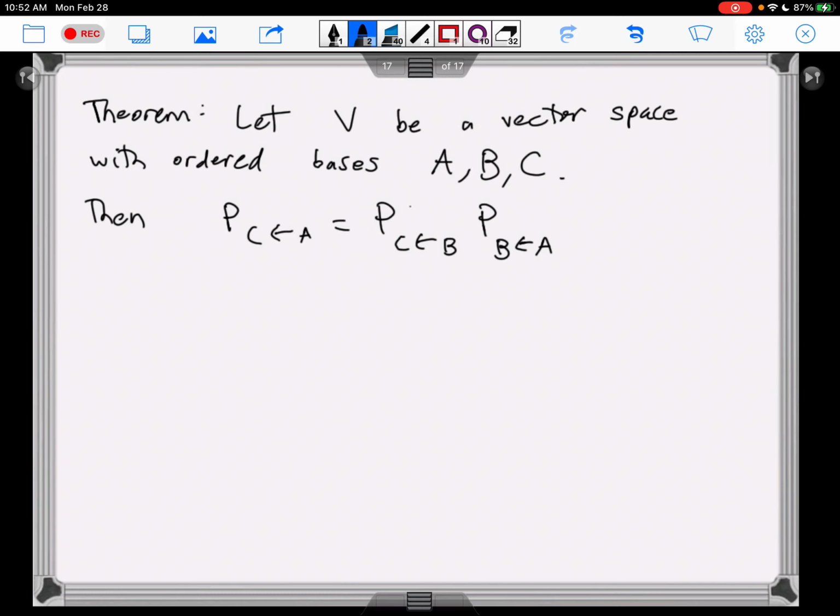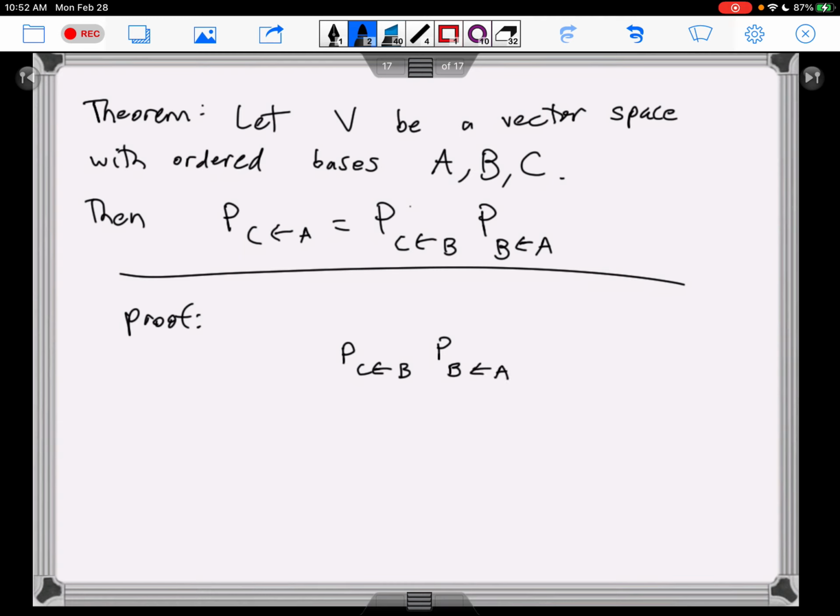So that makes sense, right? Think about it. What would the proof of this be? It's a pretty simple proof, right? Because if you take this and you multiply it by a vector v relative to A, first you do this multiplication, you end up with v relative to B, because that's what a change of basis matrix means.